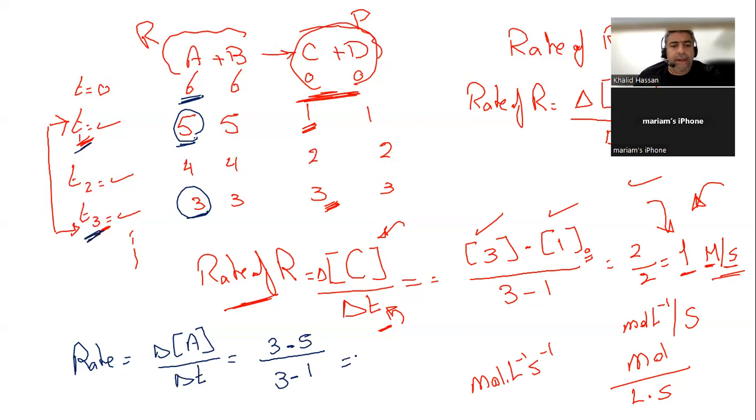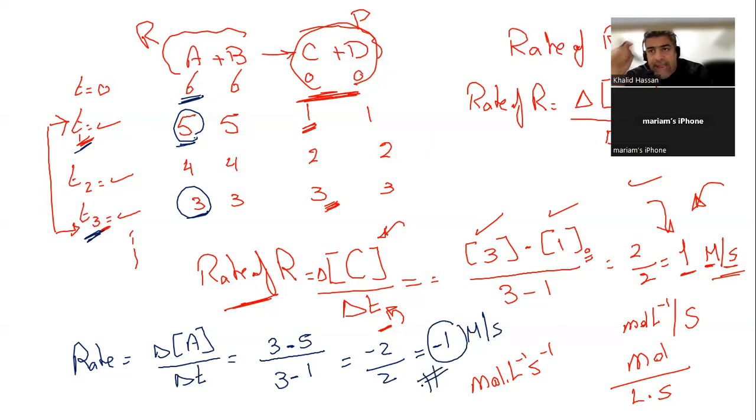So what we have here is minus 2 over 2 equals minus 1 molar per second. You cannot have a rate with a negative value. It's a mistake. So this is the point I skipped, and I will come back to it. What is the solution of this point?